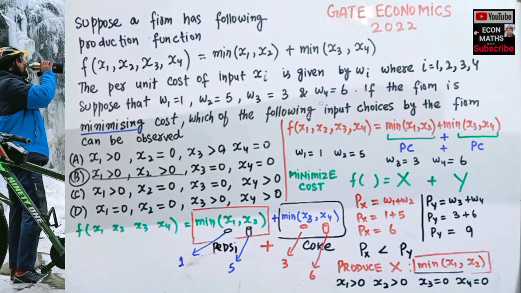We also want to minimize cost. So to produce one Pepsi bottle, the total cost comes out to be 1 plus 5, which is 6.